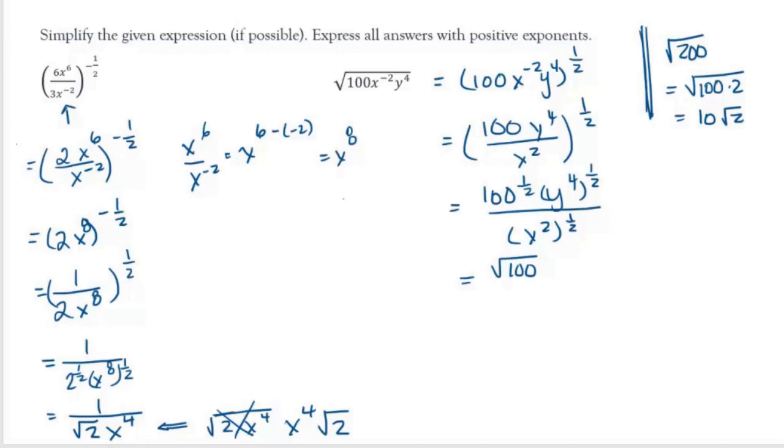None of that matters in this case because we have a 100 under the radical. It is a perfect square. What about the y? Y to the power of 4 further raised to the 1/2 is going to be y to the power of 4 times 1/2, or y squared. And here we have x squared to the 1/2, or just x. So our final answer here is 10 y to the power of 2 all over x.